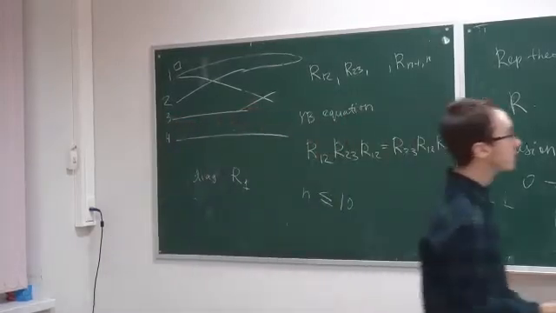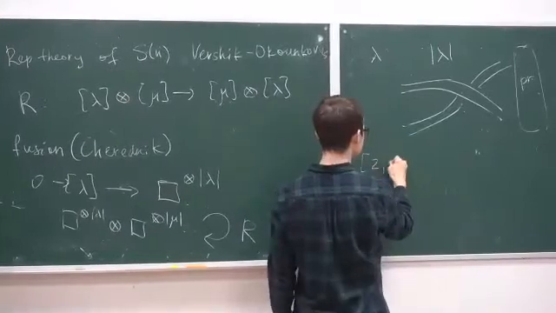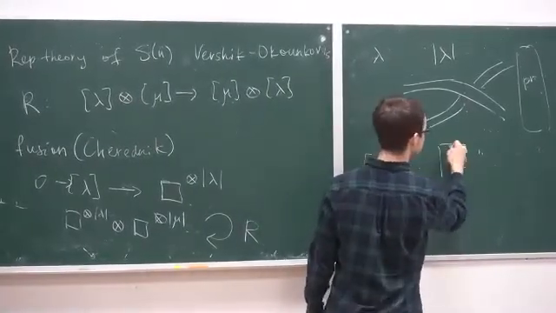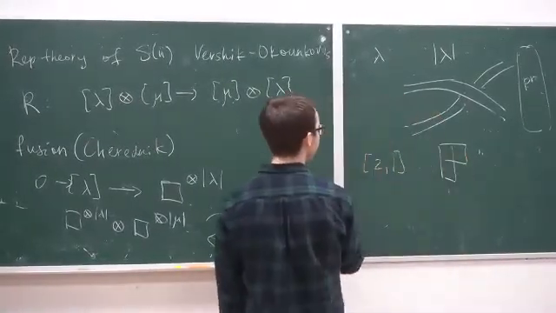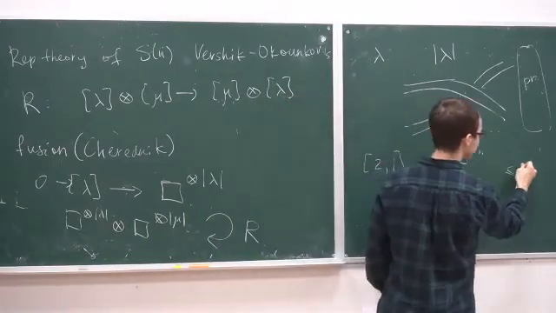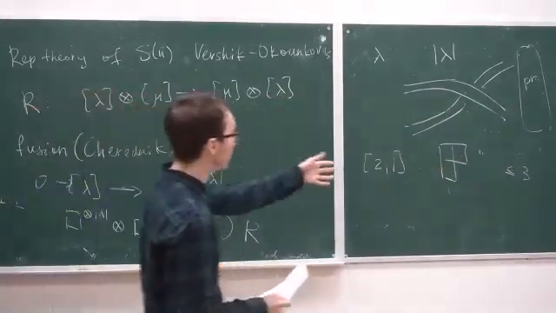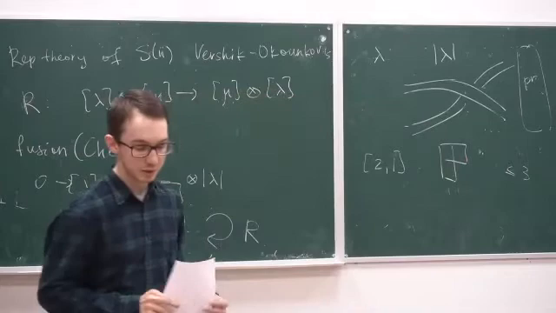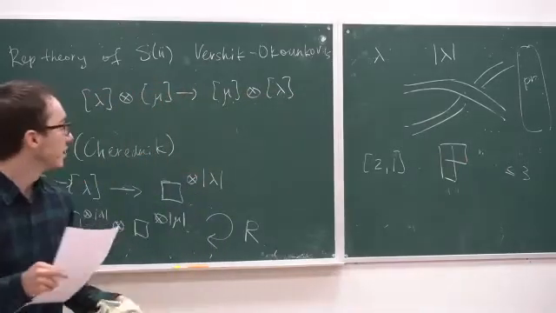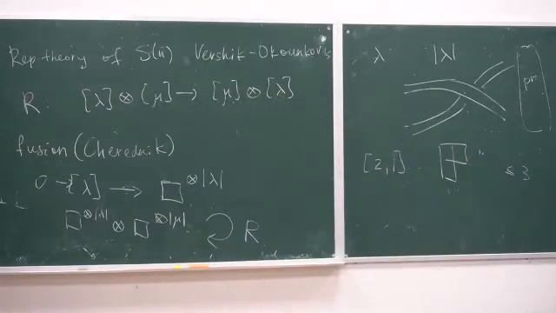So if we want, for example, to compute in representation [2,1], then the number of strands should be less than or equal to 3. And a lot of interesting knots cannot be represented as braids with 3 strands. That's why one has to develop some other approaches.